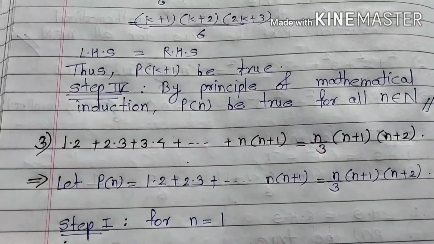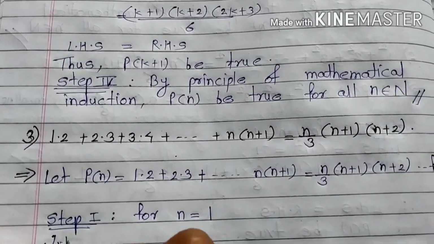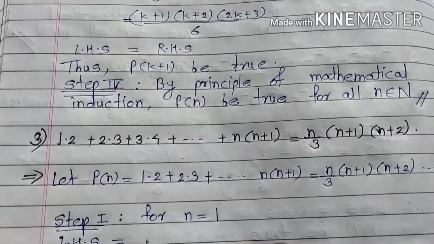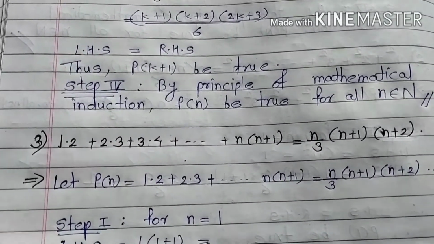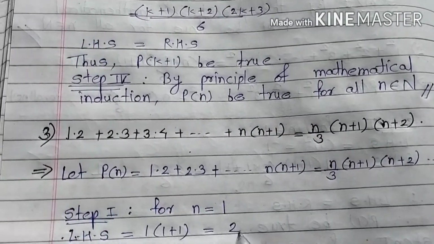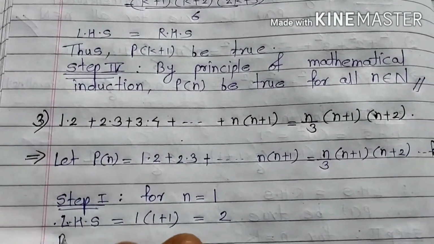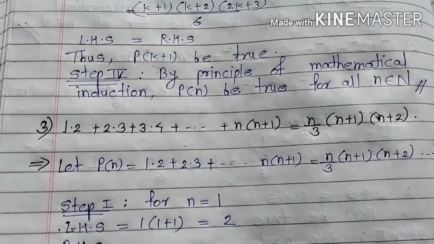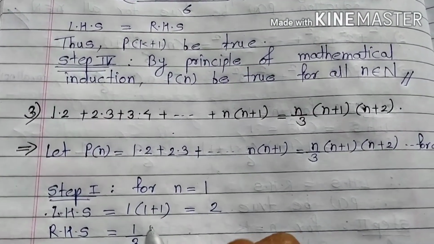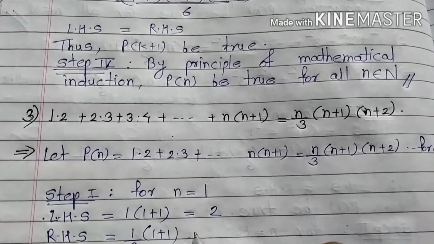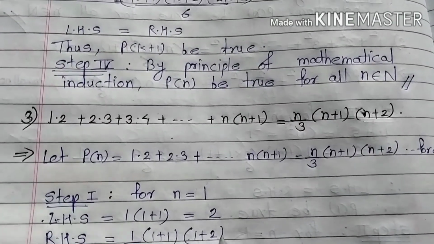So therefore LHS is equal to 1 into 1 plus 1, which is equal to 2, and RHS is equal to 1 upon 3, 1 into 1 plus 1 and 1 plus 2.